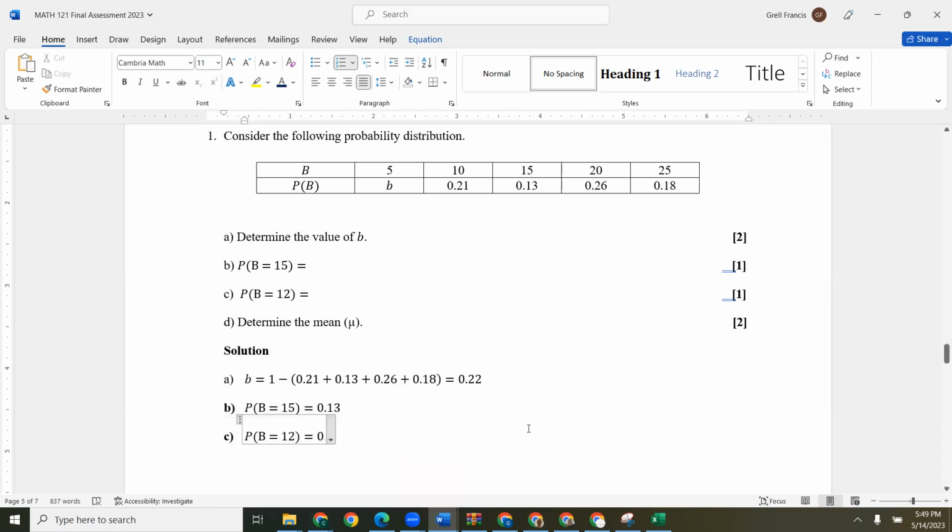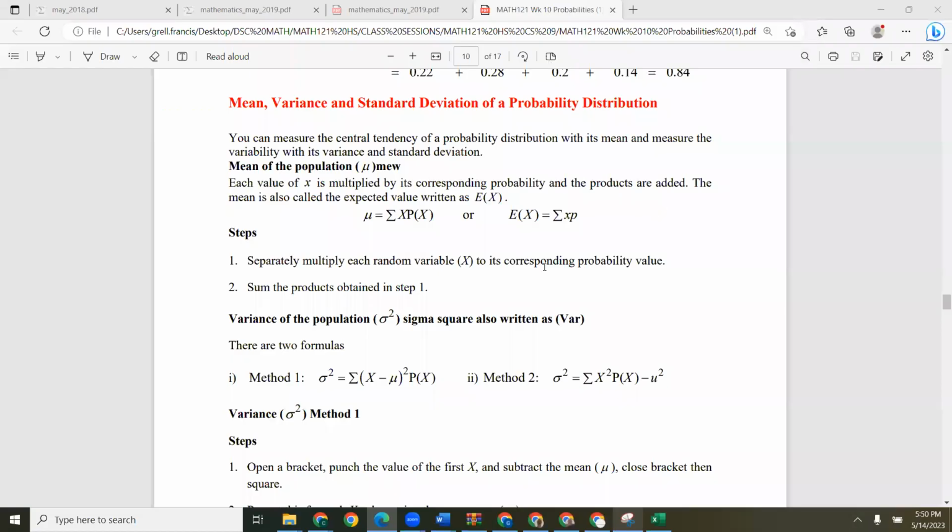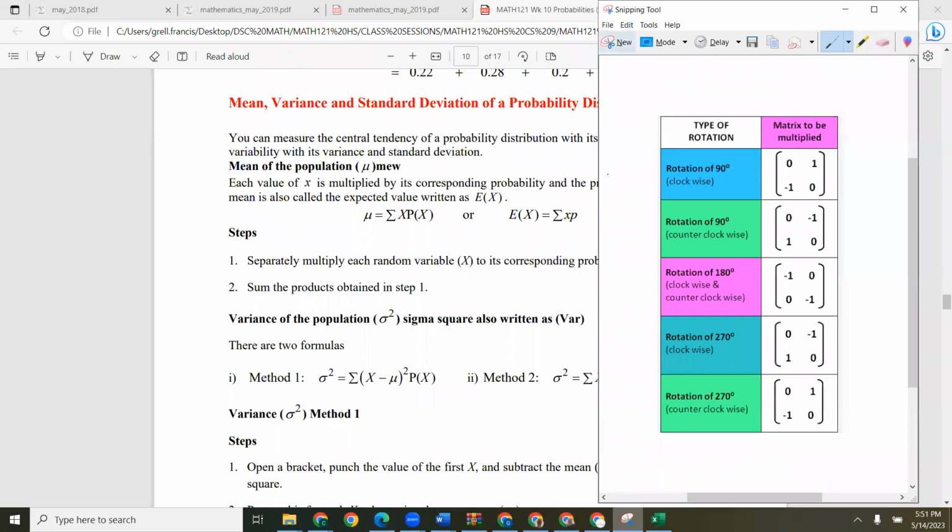Now, let's determine the mean of this random variable B. Let's go to week 10 for the formula to calculate the mean when you've got a probability distribution, a discrete probability distribution, to be precise. Here in week 10, we see that to calculate the mean, when you've got a discrete probability distribution, is equal to the sum of the random variable times its corresponding probability value.